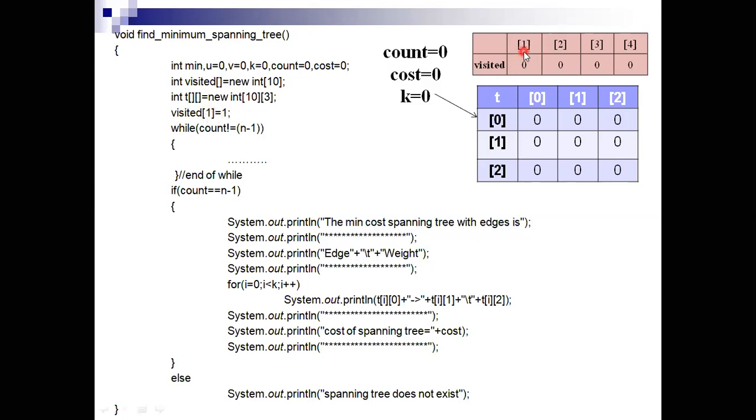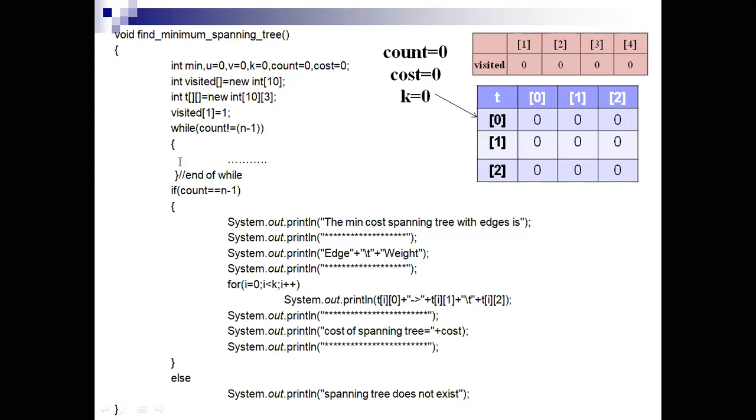So visited of 1, which was 0, now becomes 1 here. So it is now added to the spanning tree. Right? So visited of 1 is now 1, not 0.